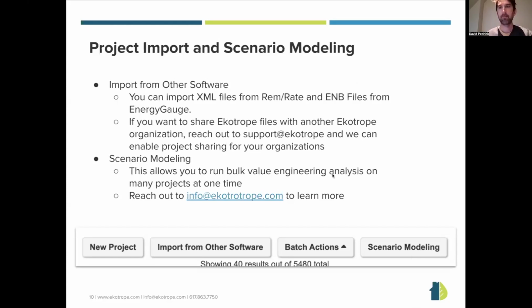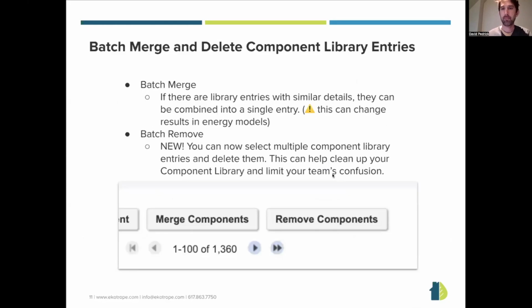Okay. So I do want to share a little bit about some new features to the component library. Well, an old feature and then a new feature. So the component library, up in the top right, there's a button for component library. And again, you have a library for building envelope components, mechanicals, as well as a few other areas. You can merge entries.